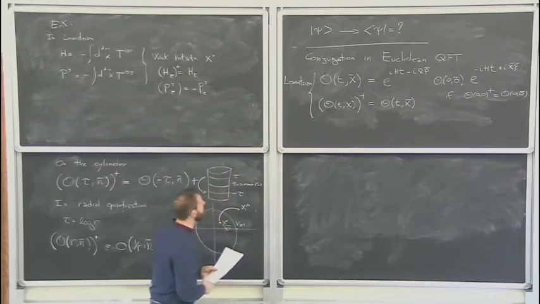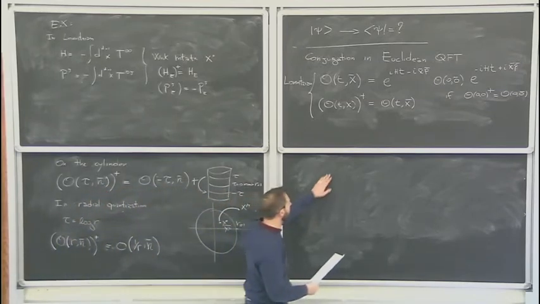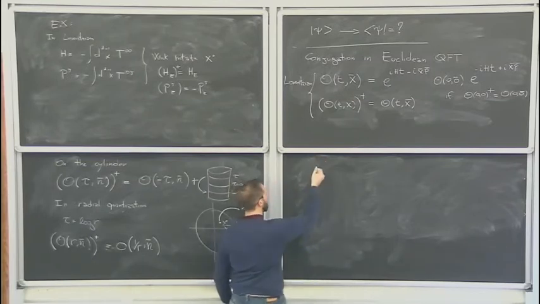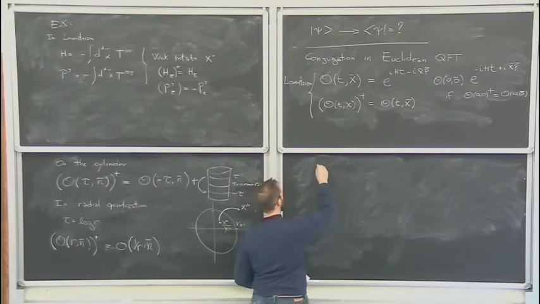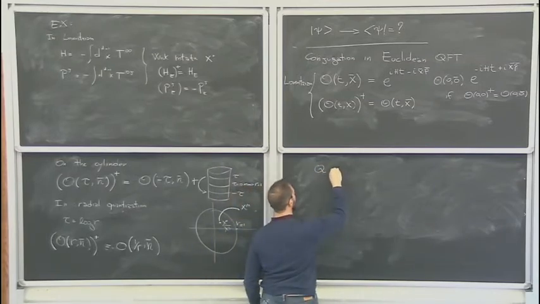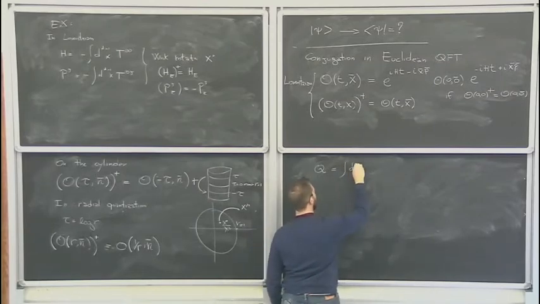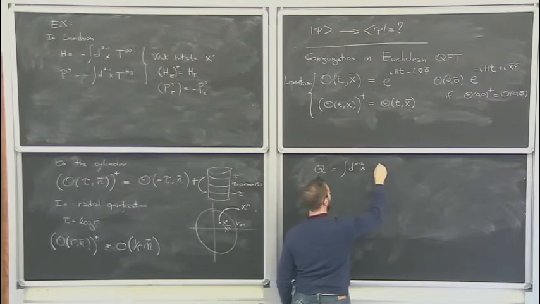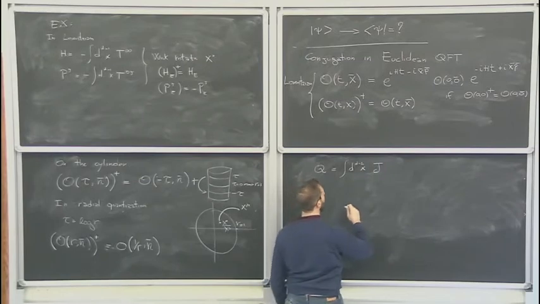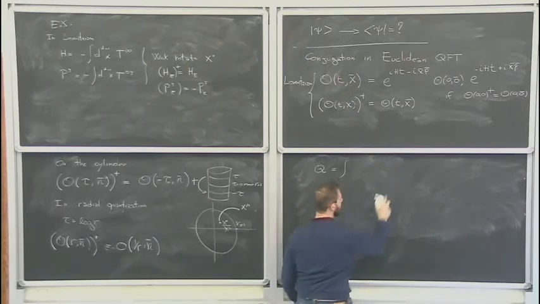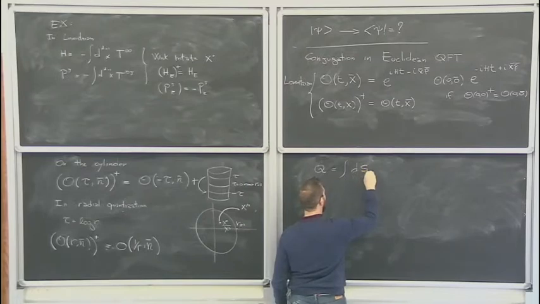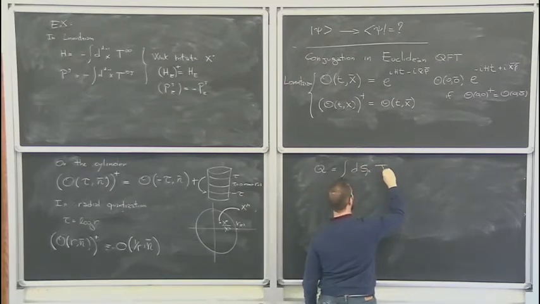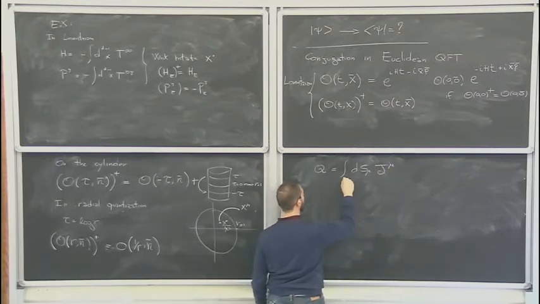You can check yourself using the definition that a generator of the conformal algebra, a charge Q of the conformal algebra, can be written as the integral of ds mu j mu, where this is some surface.